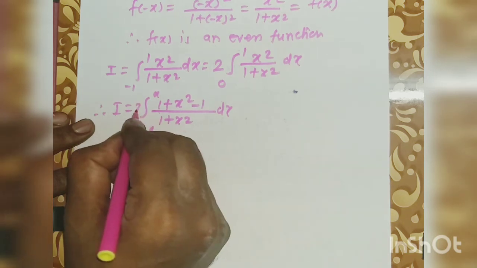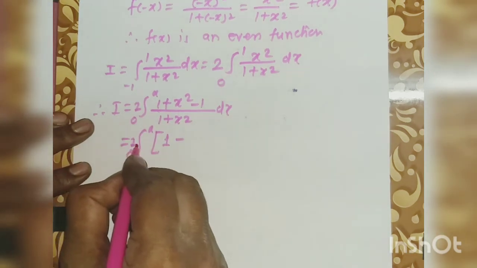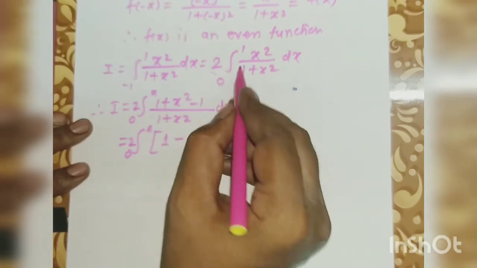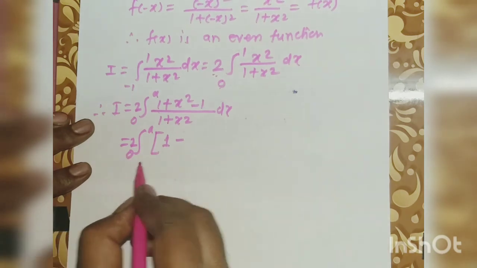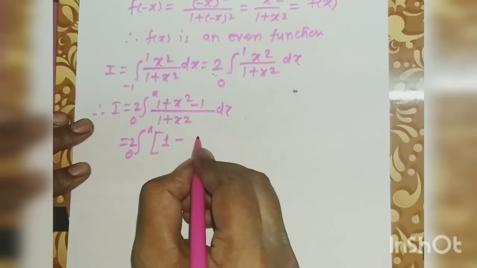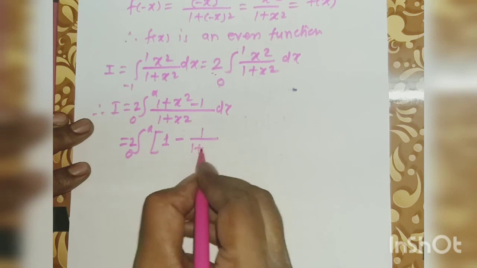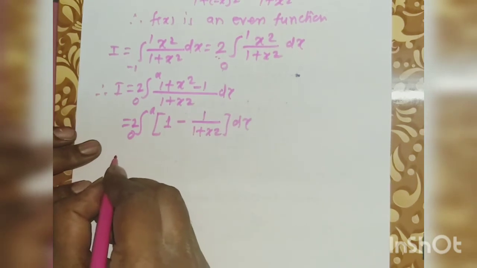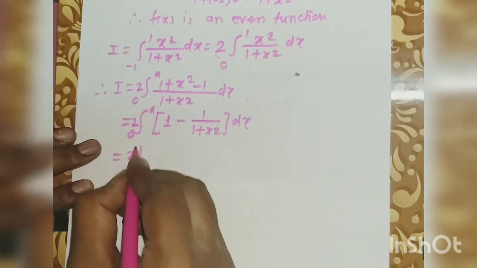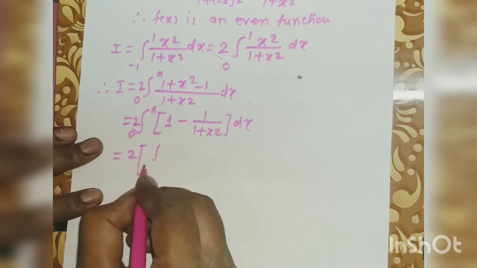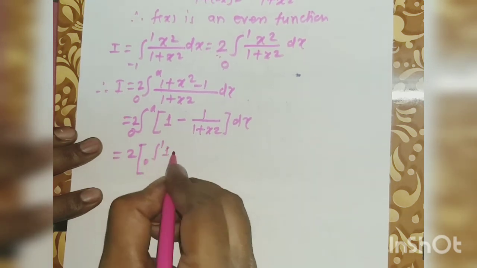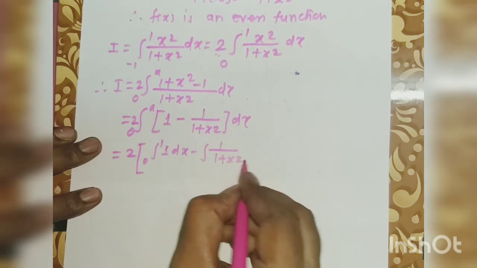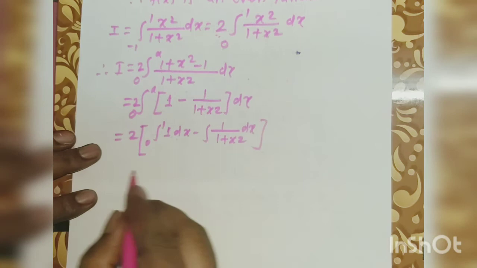Here a is 1, so twice the integration from 0 to 1 of (1 minus 1 divided by 1 plus x square) dx is equal to twice the separate integrations, 0 to 1 dx minus the integration of 1 divided by 1 plus x square dx.